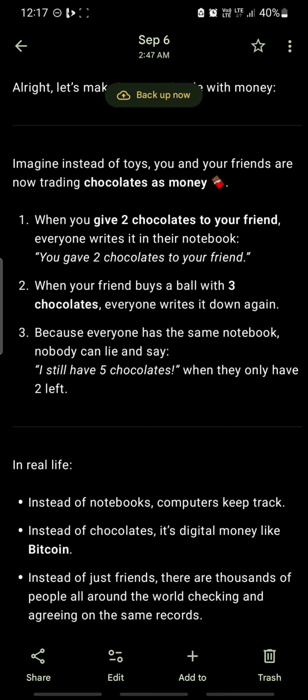So instead of chocolate, it's digital money, like Bitcoin. We all know Bitcoin is very, very popular. This is where we are talking about the use case. Bitcoin is a means of exchange, a means of trade by barter. Instead of just friends, there are thousands of people all around the world checking and agreeing on the same records.